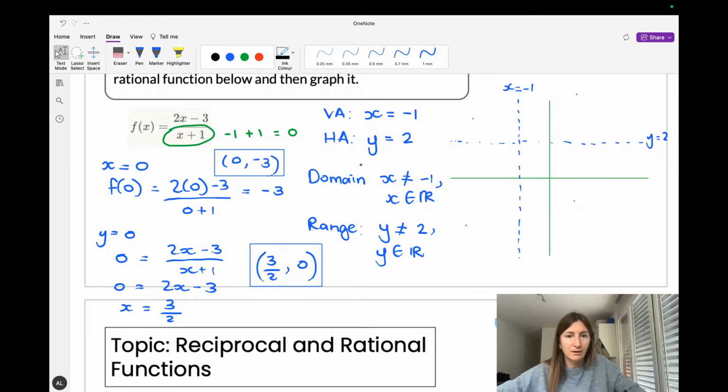So let's plot our coordinates. Let's do our graph in red. So we have 0 and -3. So if we think about this, that's why it's important to remind yourself of what that is. That's -1. So -3. Sorry, 0, -3. Did I write my coordinate correctly?